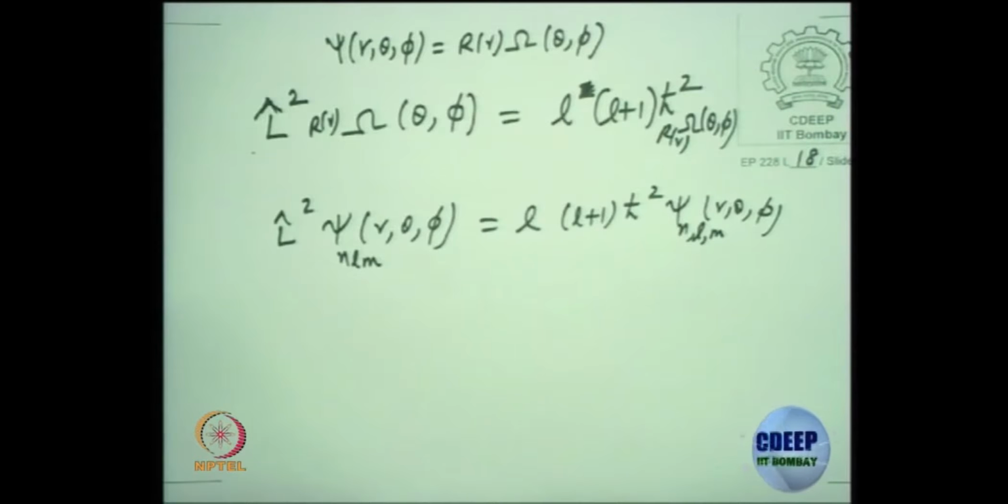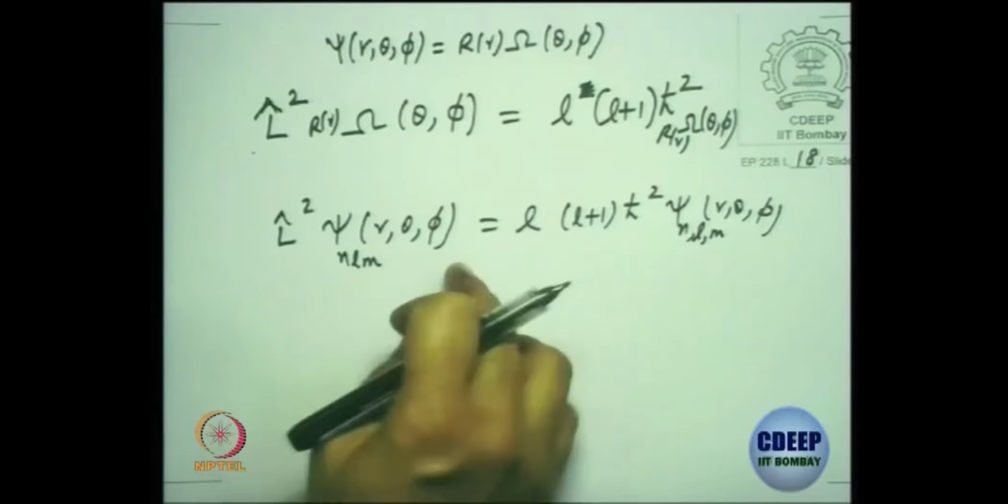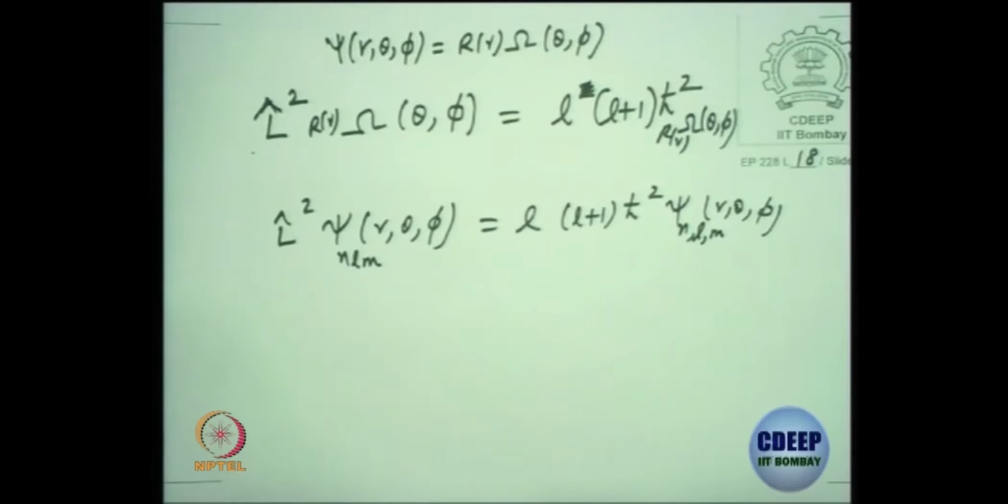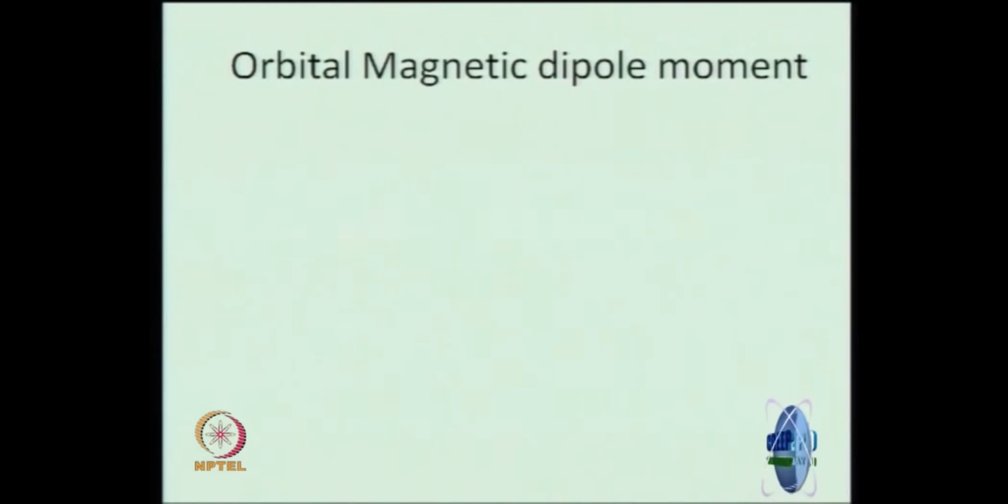So the eigenvalue of the energy eigenfunctions for the L squared operator is going to be L(L+1)ħ². That's what at least we see from the hydrogen atom. With this data, a couple of things you can start attempting is the orbital magnetic dipole moment.